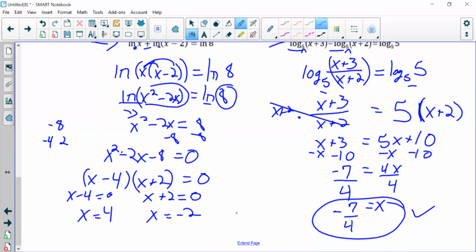So let's see, right here, if we plug it in, we need to make sure we don't have a negative number. So negative 2 squared is 4 minus, so negative 2 times negative 2 is 4.